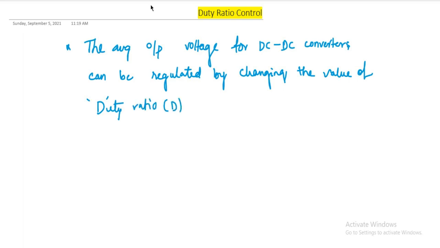That is D, which is given by T on by T on plus T off.